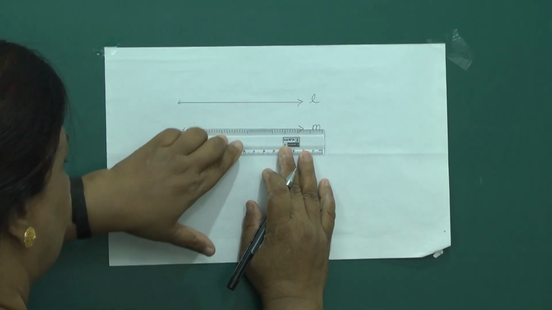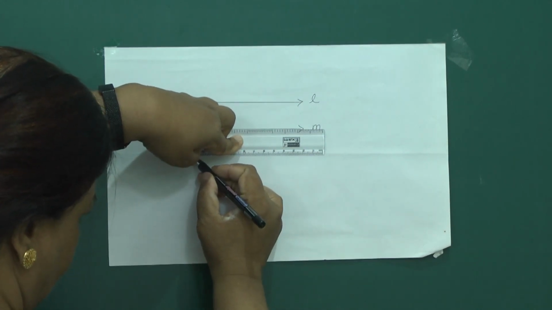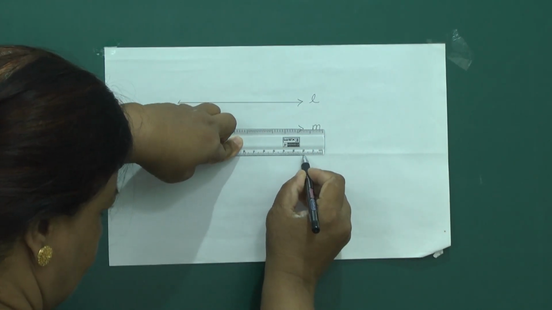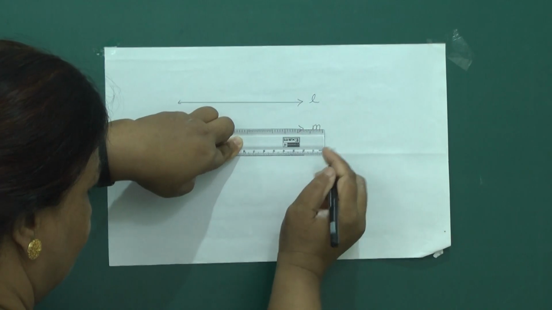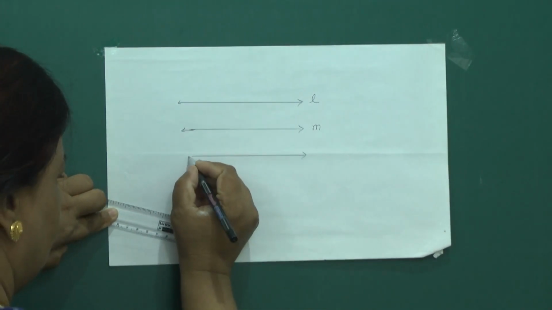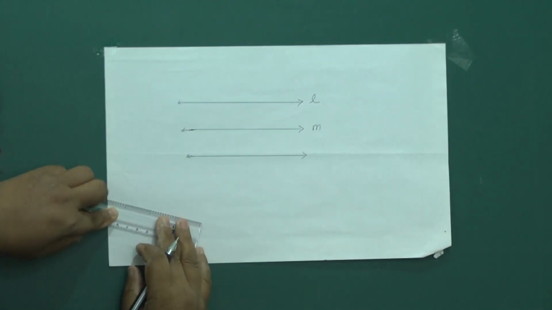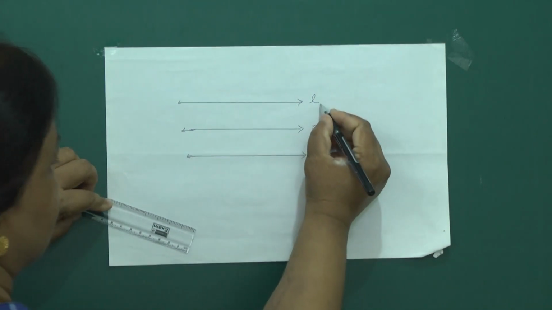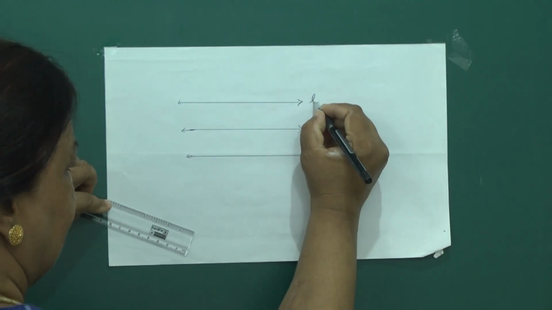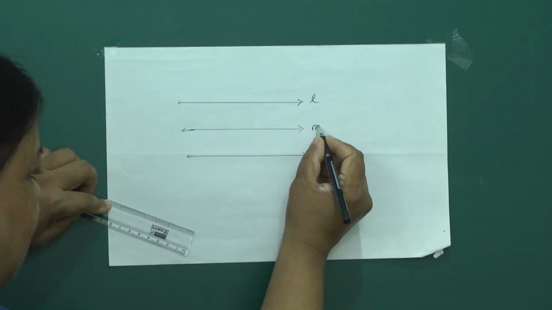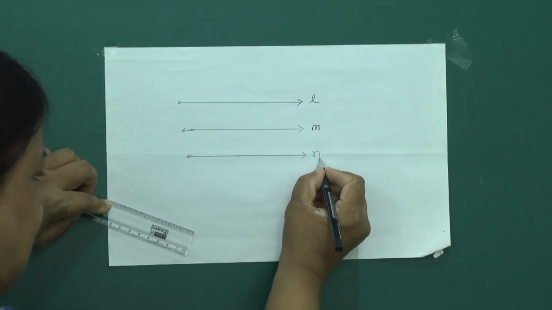I am using a scale, and exactly below line L I drew the line M because I wanted three parallel lines. So this line is L, this line is M and this line is N.